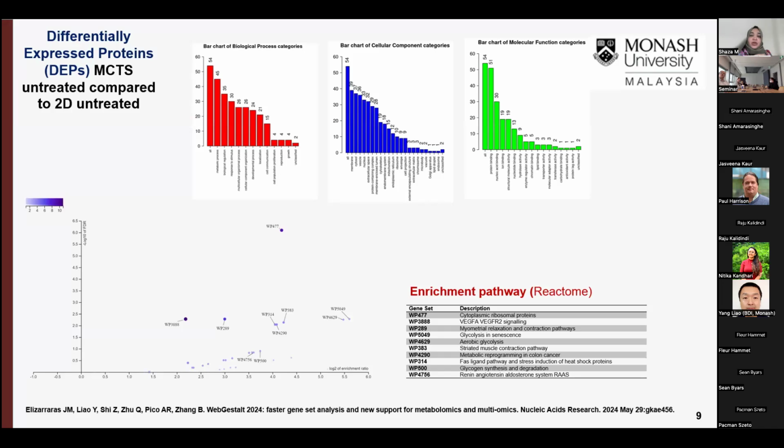Generally, the difference between 2D and 3D spheroid culture is that most proliferation pathways were more activated, such as the cytoplasmic ribosomal proteins, VGF was also upregulated, glycolysis, and other proteins involved in cell growth and proliferation, along with other proteins that are approved or still in research or clinical trials as targeted therapy for triple-negative breast cancer.